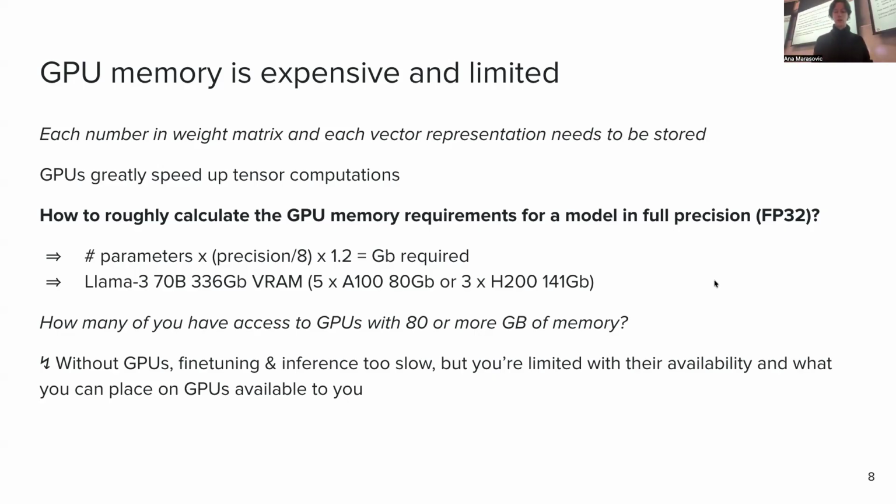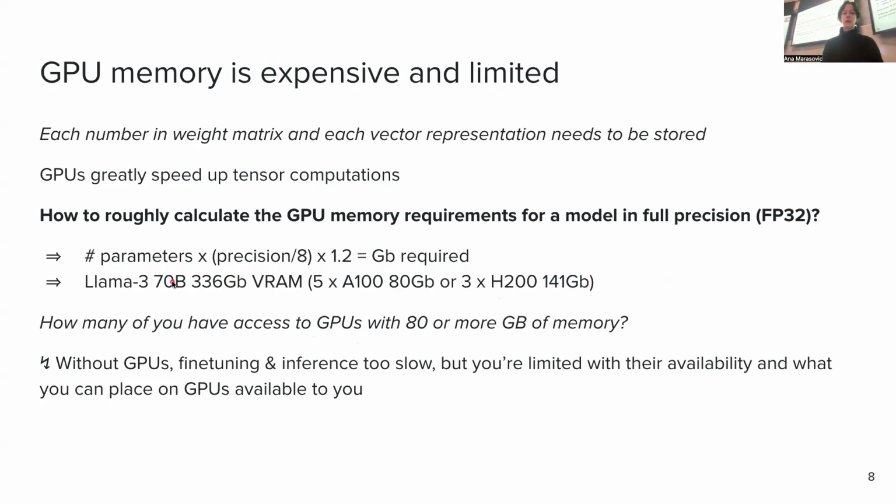One way you can think about how many gigabytes you need just to store the model is through this equation: number of parameters times precision divided by 8, times 1.2. If we look at a model of 70 billion parameters, today, I would say a good model is 32 billion, so a little bit less is sufficient to get really good performance.